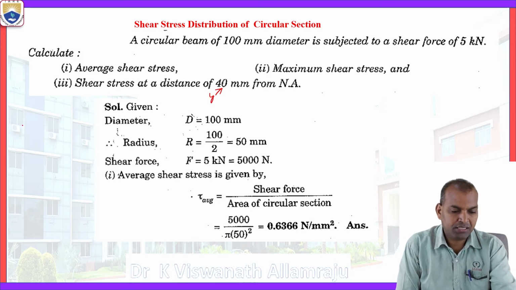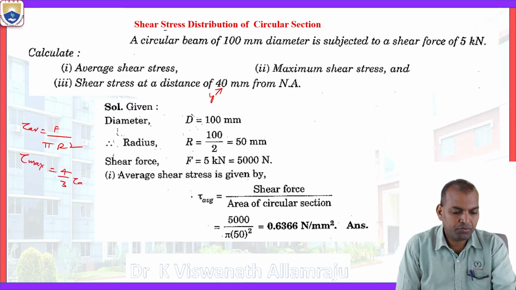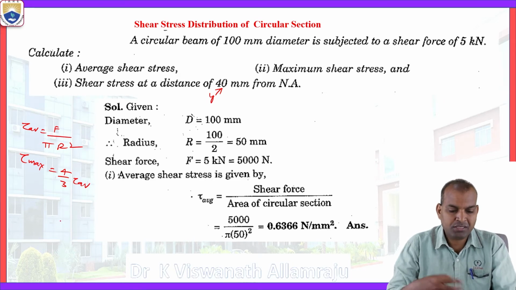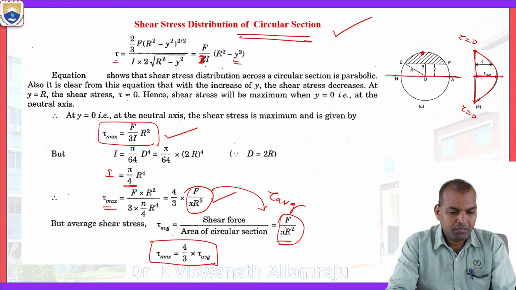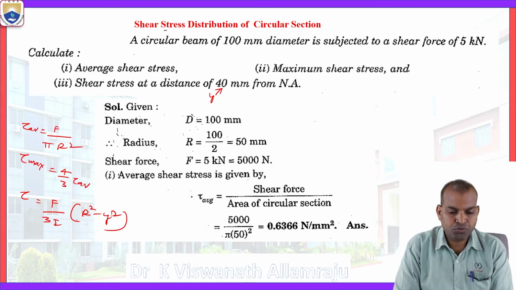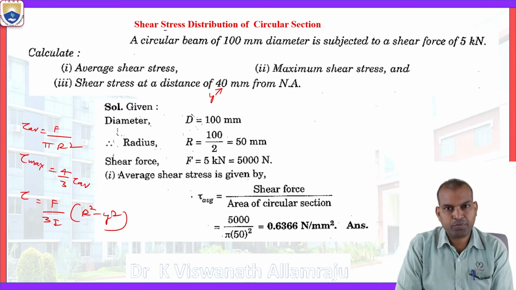The average shear stress equals F by pi r square. The maximum shear stress equals 4/3 times tau average. And at a distance of y, tau equals F by 3I times r square minus y square. These three formulae we have to use to find the objectives given in this problem.